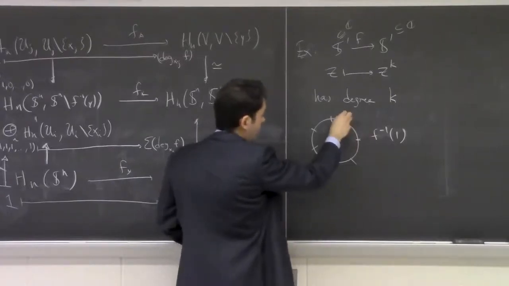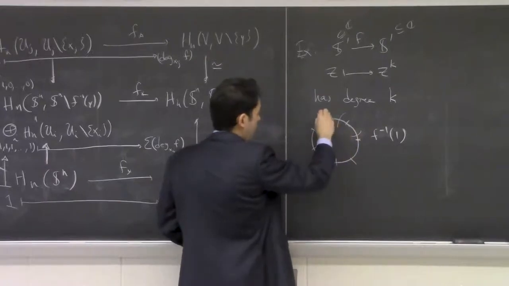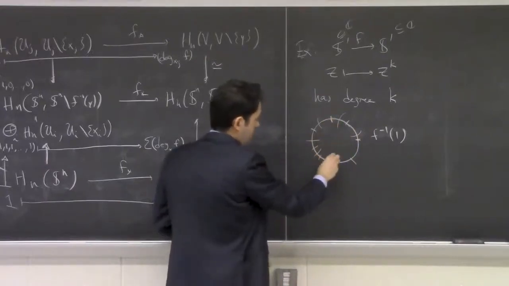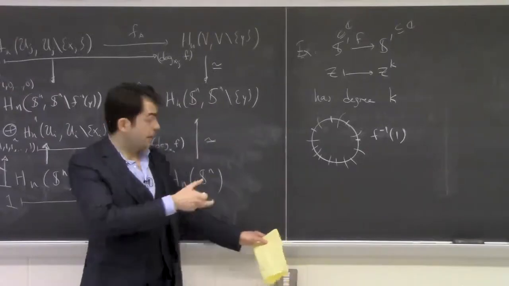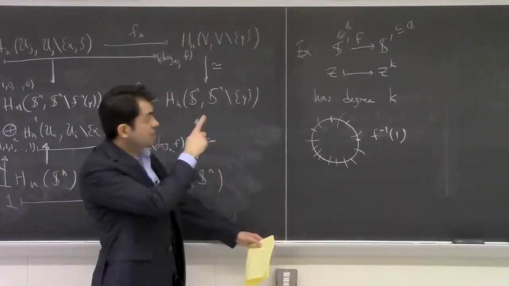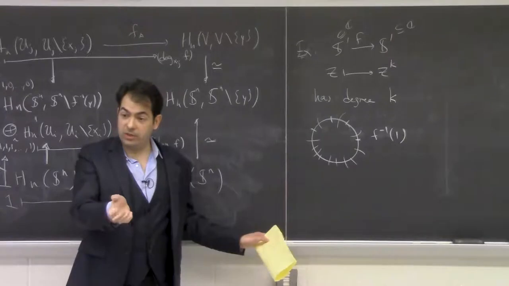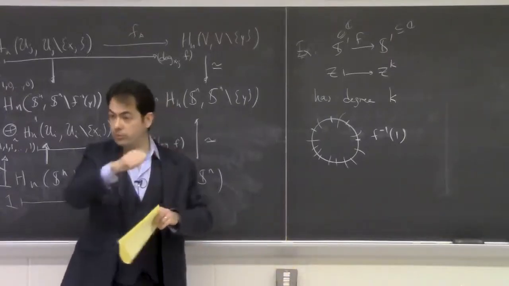If I split the circle up into k segments of equal length, then when I act on them by f, each of these will be stretched out to cover the whole circle.